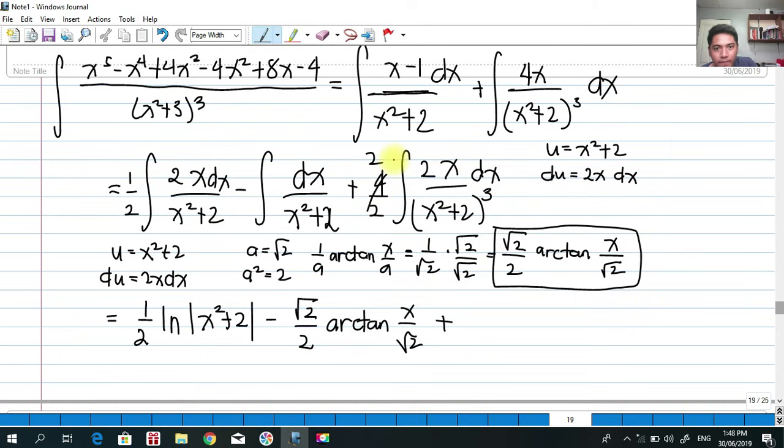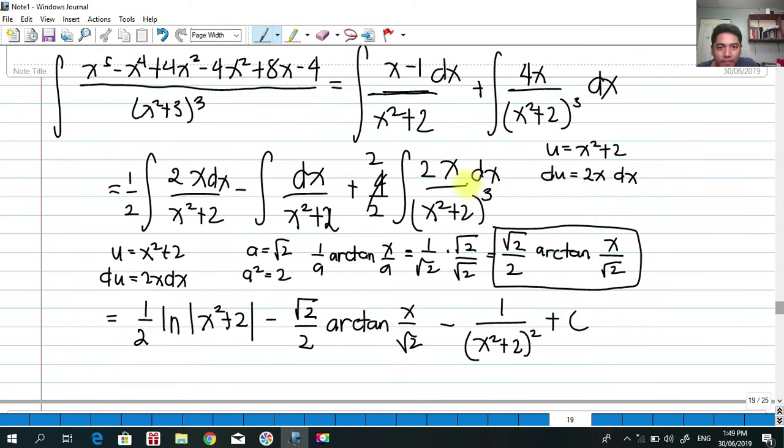If you substitute it with the u substitution, the answer should be, this would become minus, because we have used the u substitution here, minus 1 over x squared plus 2 raised to 2, plus c.